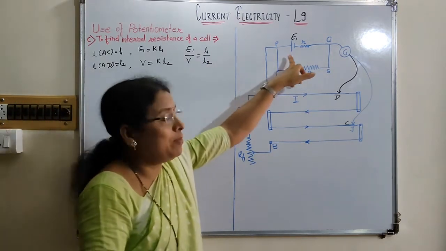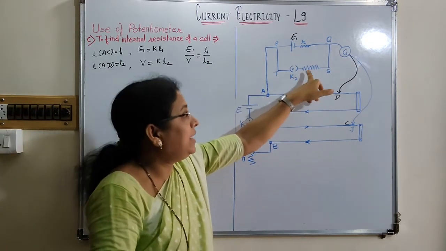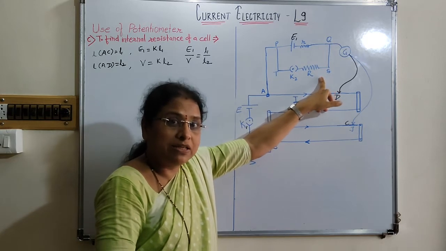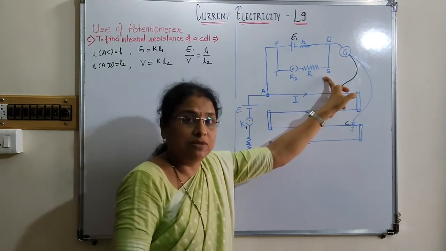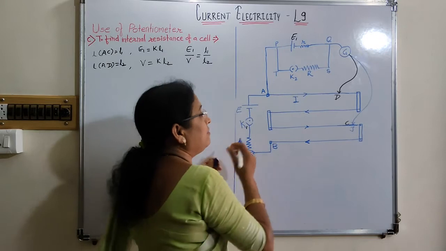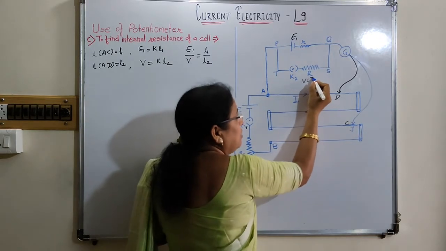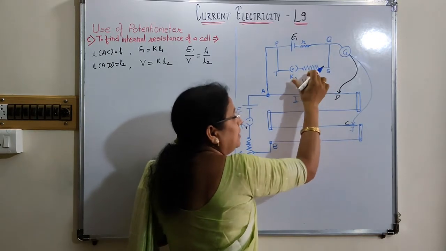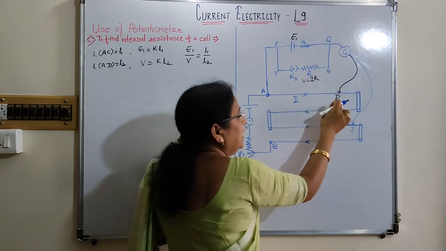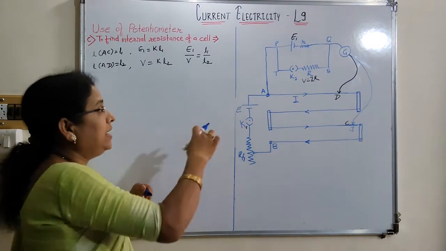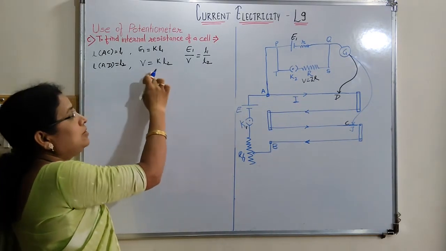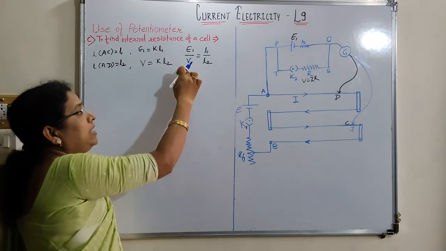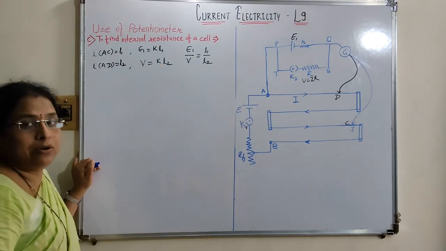First we balanced E1, then we took out some suitable resistance from the resistance box, so that when current flows through the resistance box, some voltage is developed, that is V is equal to I into R. That voltage is balanced by the length AD, and that length AD is L2, so we can say V is equal to K into L2. We get E1 by V is equal to L1 by L2.